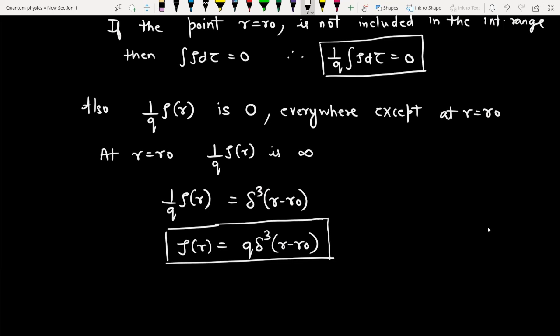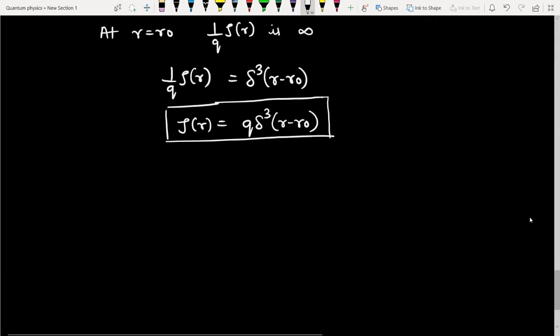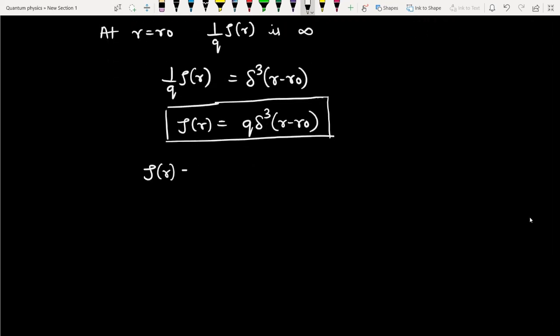In terms of Cartesian coordinates you can also write this. In Cartesian coordinates, rho of r will be nothing but q times delta of x minus x naught, delta of y minus y naught, and delta of z minus z naught.